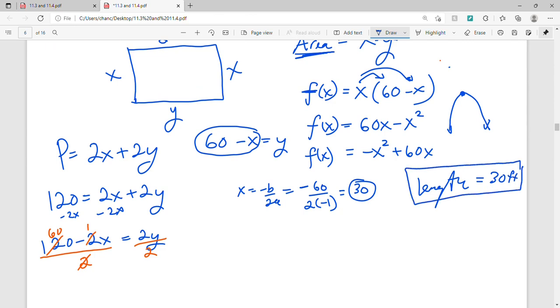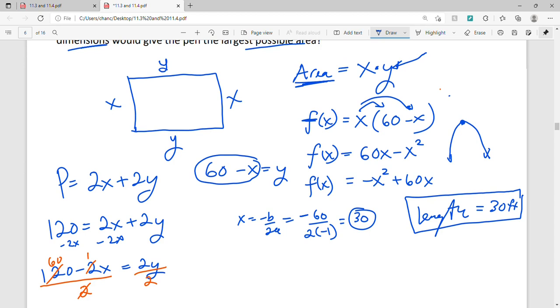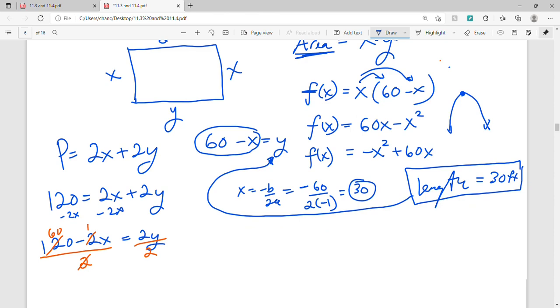We know the length is 30 feet and we could solve for the width. To find the width, we just need to plug that back into our equation for y, and we know y is equal to 60 minus x, which means I can substitute this 30 feet, which is x, into the x. So let's make sure we plug it into the right place. We're going to plug this length of 30 into this equation, but for the x.